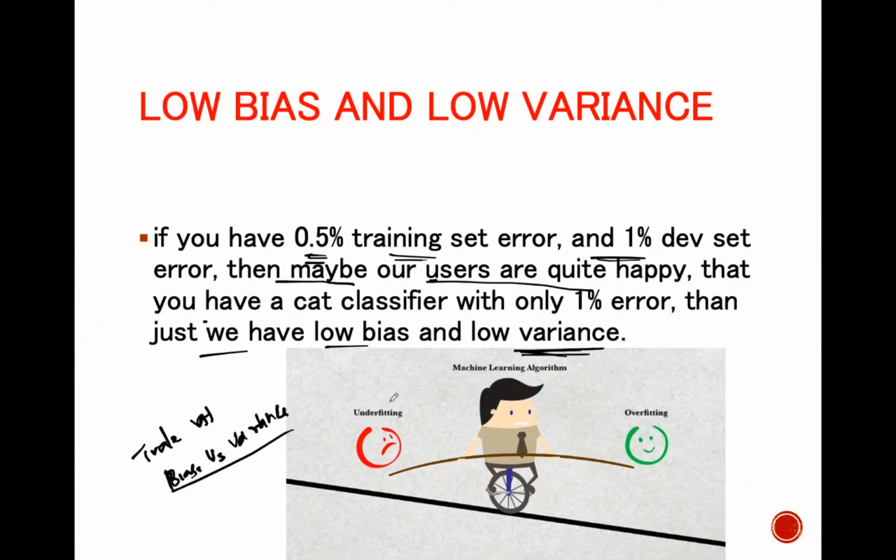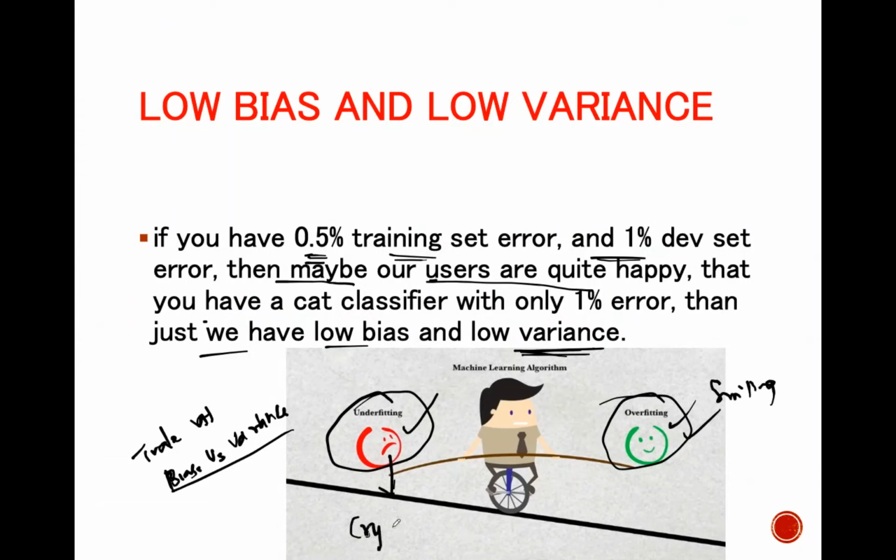Overfitting, underfitting, you can see the pictures: one is smiling, one is crying. But our model should have a trade-off between bias and variance.